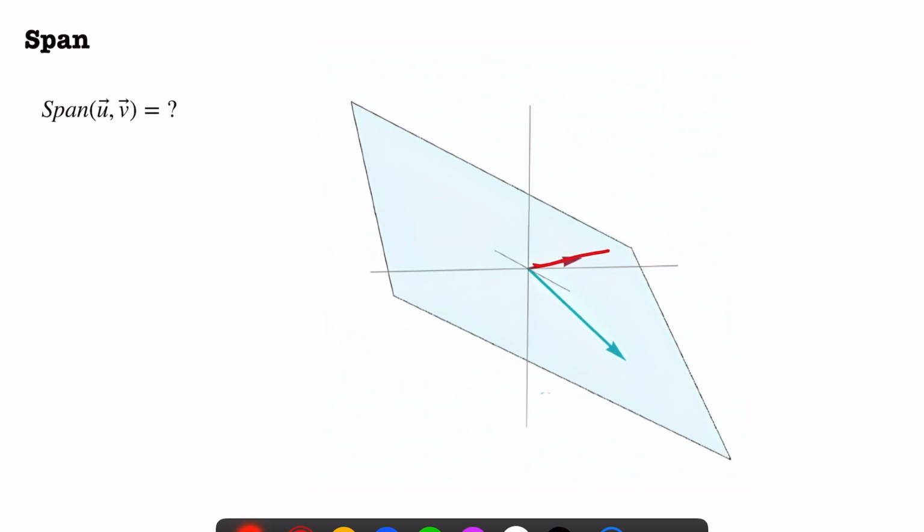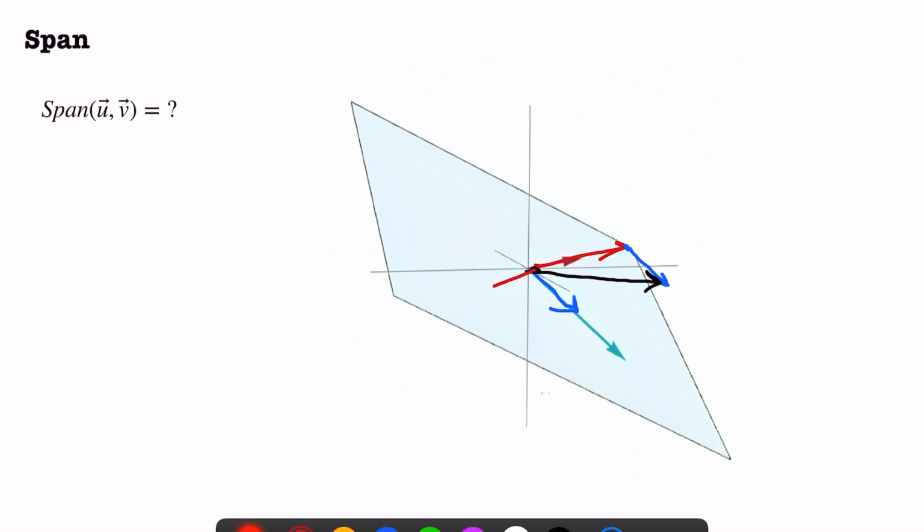Let's scale this one, let's scale this one, right? And then let's add these two. This will be on the same plane.